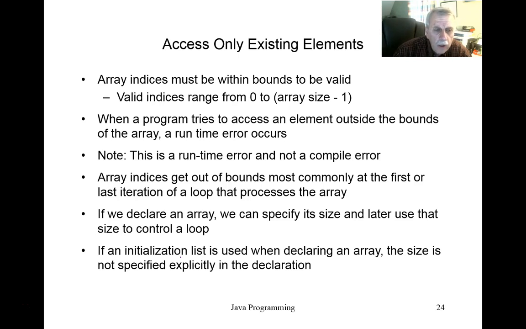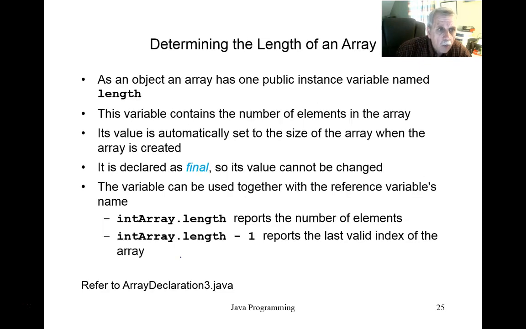So how could we use the size of the array if we don't know what it is? That is, if we don't have the value presented exactly within the program. Well, the answer to that comes from something called an instance variable, and this instance variable that we're interested in here is called length.